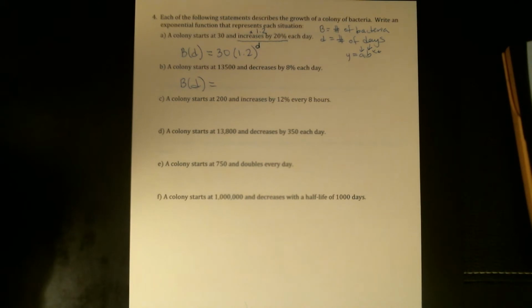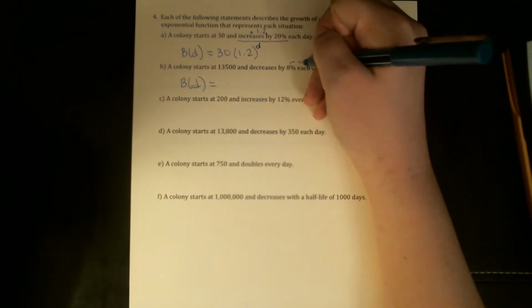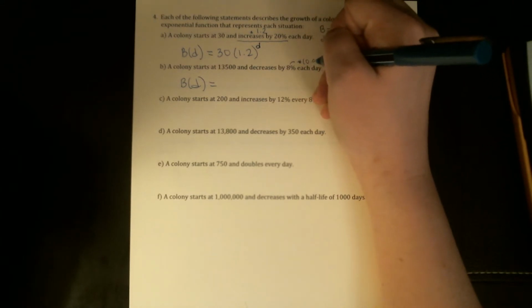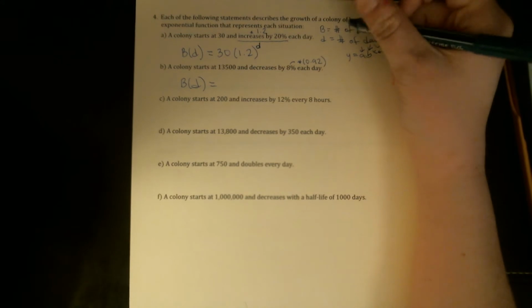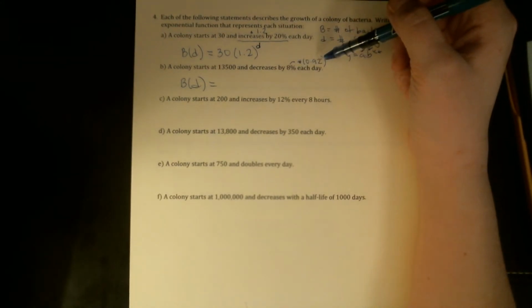We are looking at a different colony that starts at 13,500 and decreases by 8% each day. Okay, so if you want to decrease something by 8%, you have to multiply by 0.92. If something decreases by 8%, we end up with 92% of what we started with.